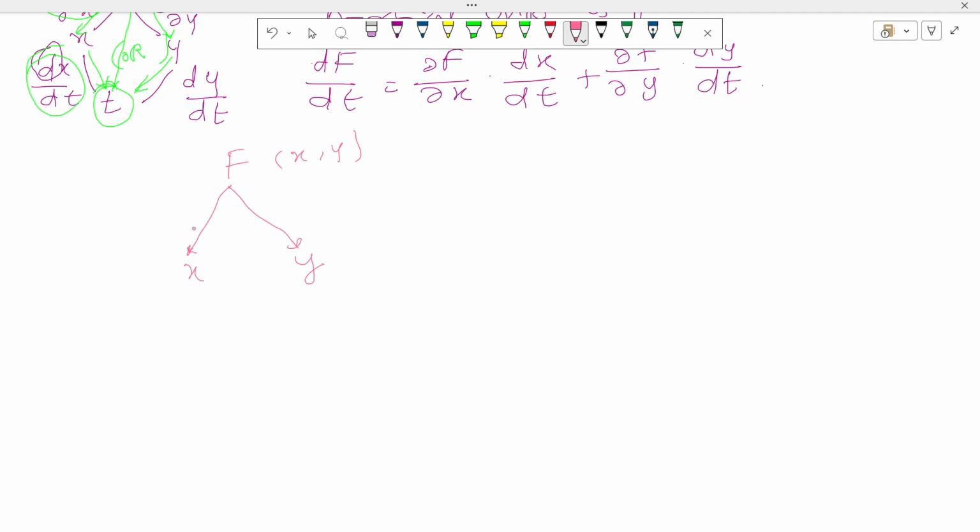At the time we can write dou f by dou x, dou f by dou y.